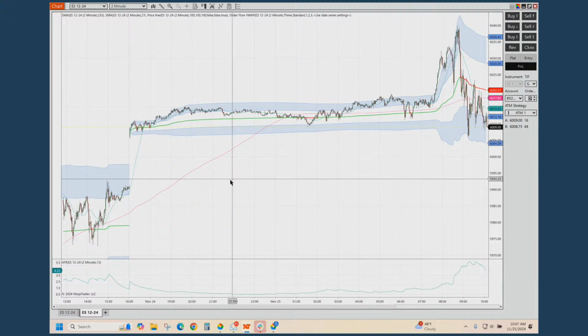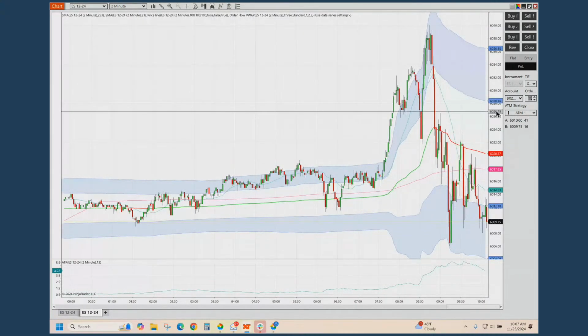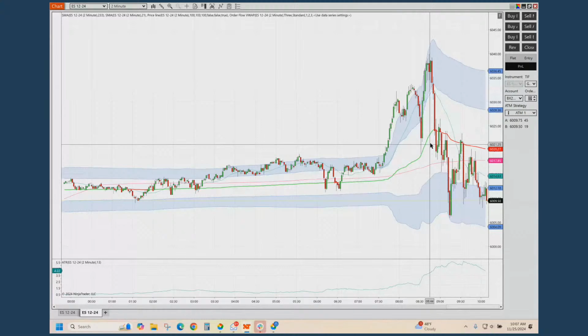So maybe the market will fluctuate here back and forth or try to push down a little more before it resumes its upward trajectory. At this moment, I was late by 10 minutes or so, and I missed this big move, and then it started to fall. I was hoping for a smaller pullback and then the market to go back up, but that did not happen.